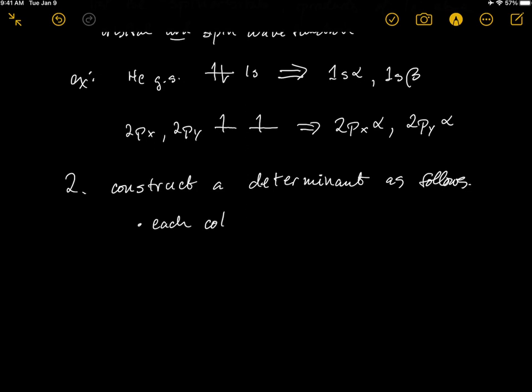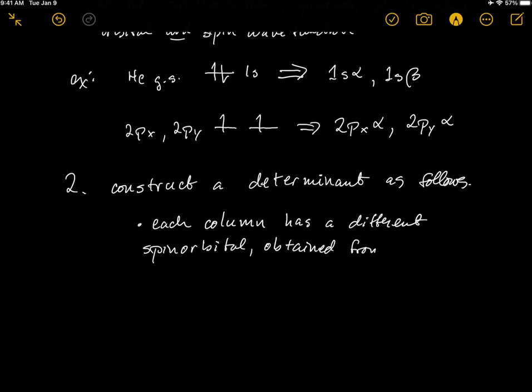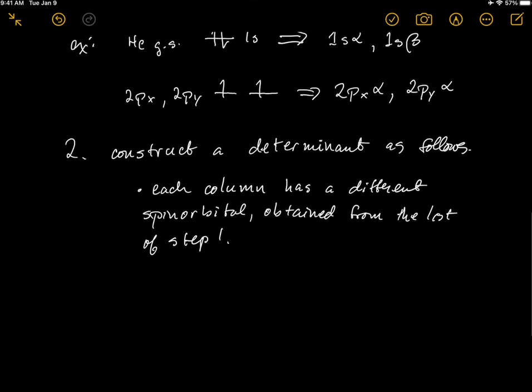Each column has a different spin orbital obtained from the list of step 1. And then we want to leave space for the labels, though.